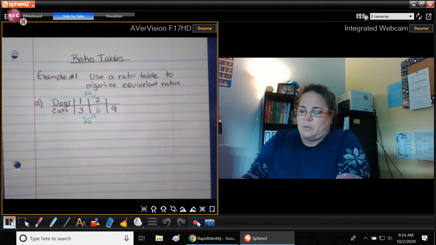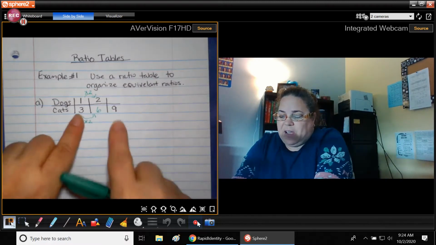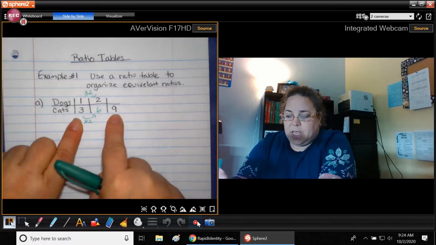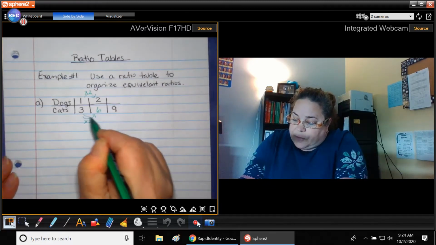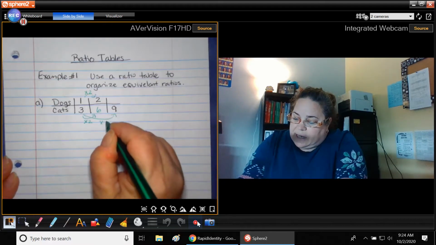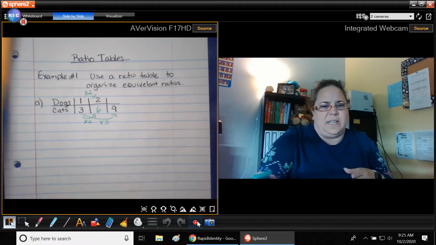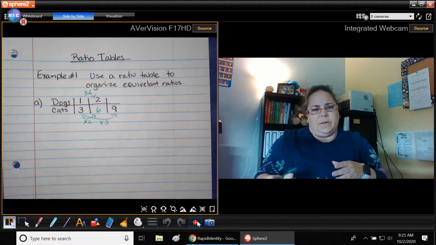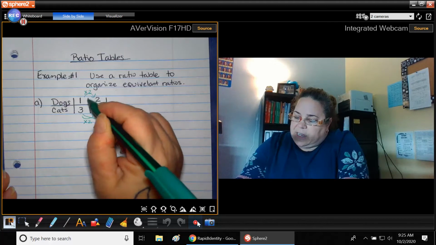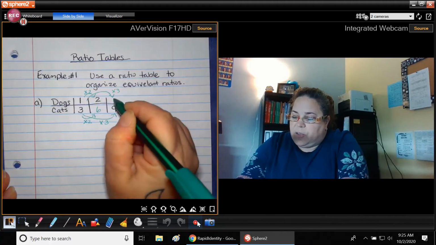would I get there? So what about if I take a look at the 3 and I figure out, well, is there a way I can get from 3 to 9? And I can get from 3 to 9 by multiplying times 3. I'm going to clear that up a little bit, see if I can autofocus and get it a little better. Okay, so if I do that on the bottom, then I do it on the top, remember times 3, so 1 times 3 is 3.